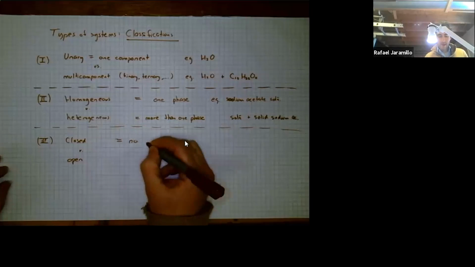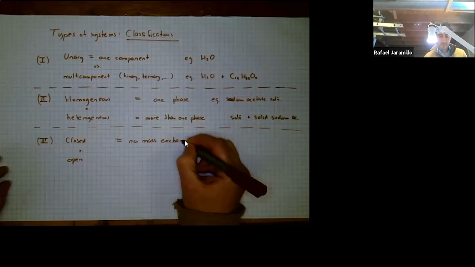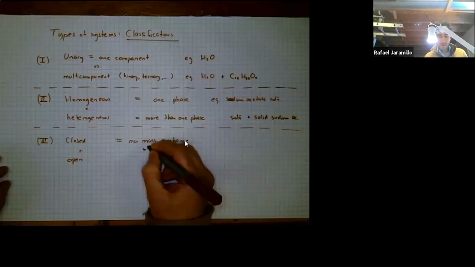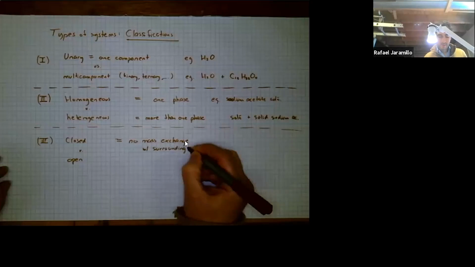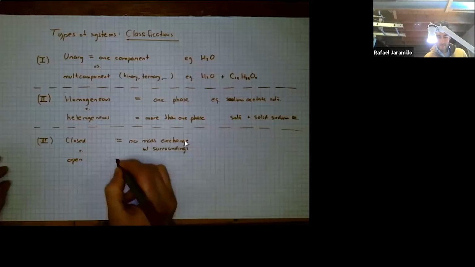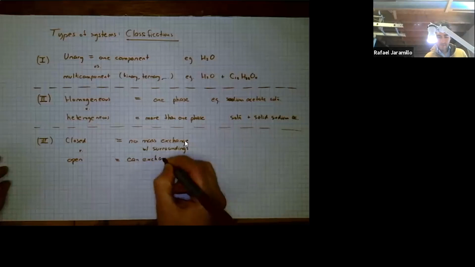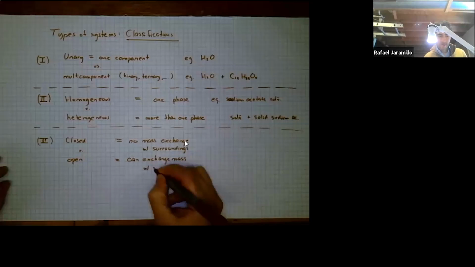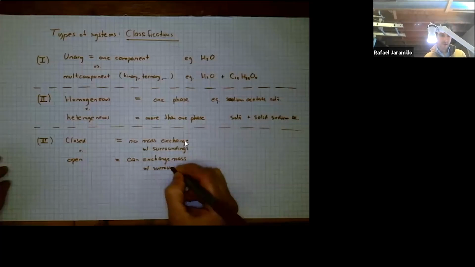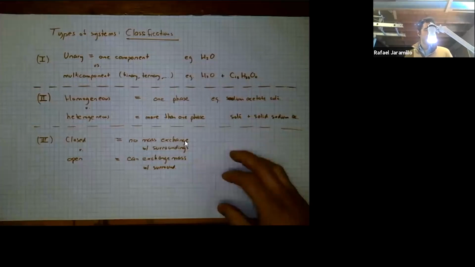No mass exchange with surroundings, versus can exchange mass with surroundings. Okay. So those are some basic and important classifications.